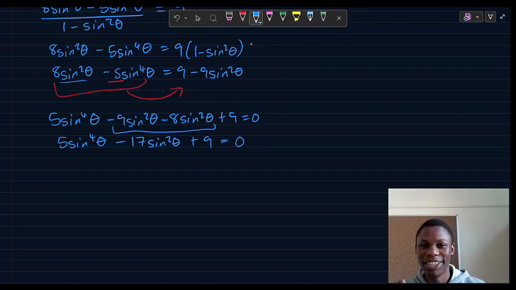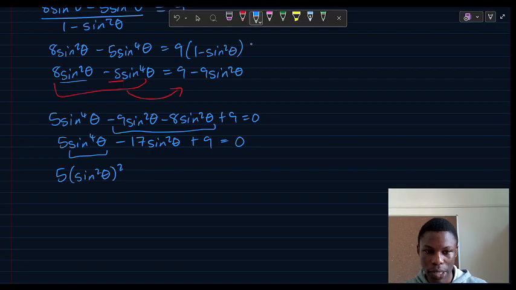Anyways, hopefully you can see that this is a hidden quadratic. And I can rewrite sine to the 4 theta as 5 times sine squared theta, squared, because if I do 2 times 2, I get back my 4. Minus 17 sine squared theta plus 9 is equal to 0.